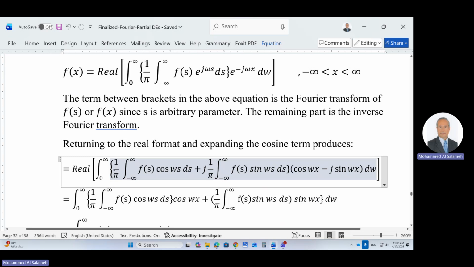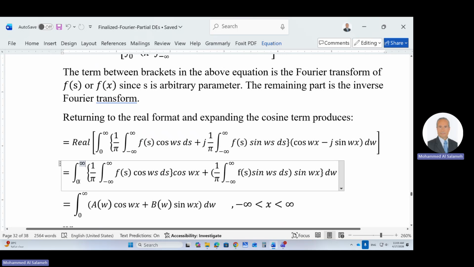So all of this is multiplied by this. Now the real part is the integration from 0 to infinity of 1 over pi, from minus to plus infinity, f of s cosine omega s ds, times the real part of the multiplication.